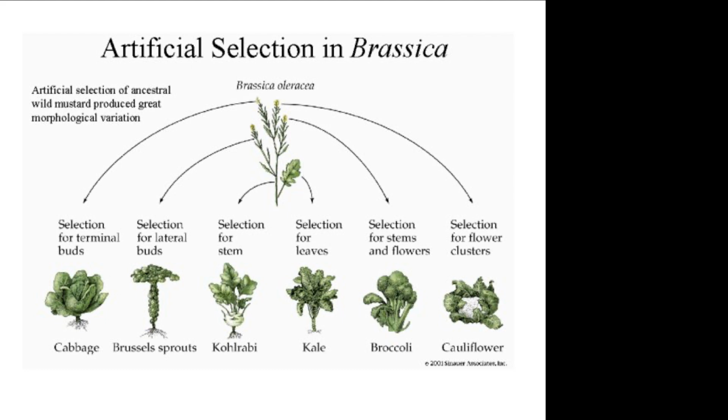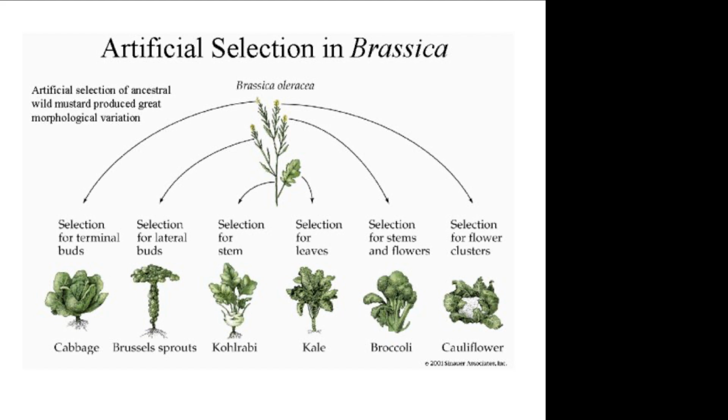So all of these are the same species, just different varieties, including cabbage, where the vegetative parts are chosen for, Brussels sprouts, where the buds are chosen for, kohlrabi, the stem, kale, different types of leaves, broccoli, the stems and florets, and finally cauliflower, also florets. So these have all been bred for those specific characters.